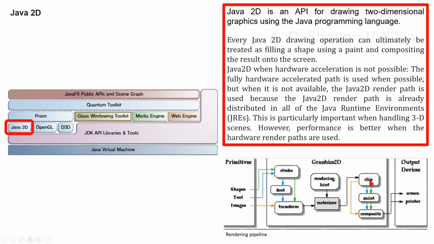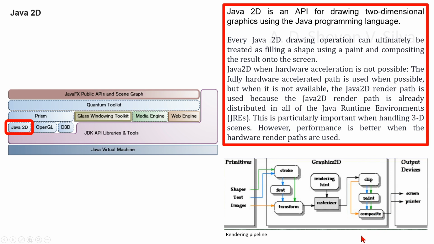Here you can see primitives, Graphics2D and output devices. A shape is connected to stroke, stroke is connected to transform, transform is connected to rasterizer, rendering hint is connected to rasterizer, and rasterizer is connected to clip, clip is connected to paint, and paint is connected to composite, composite is connected to screen and printer.